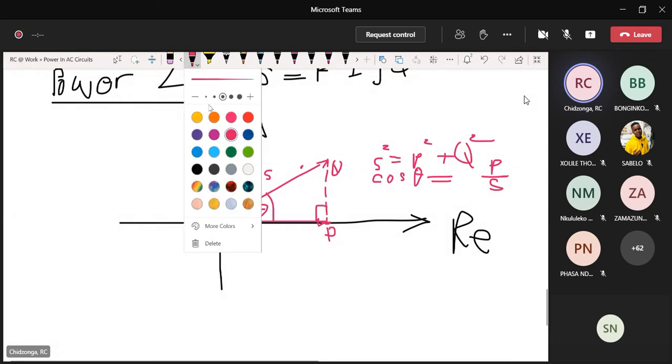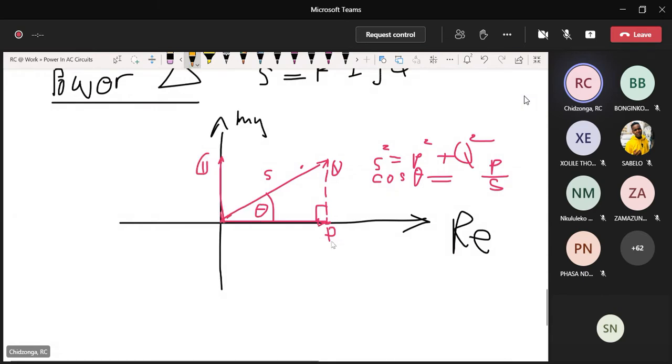If the load is capacitive, then your Q would be down here, minus Q. And then your S will be like this. This will still be a right angle. So this is S, and this will also be your theta, right? So in this case, you'll have S is equal to P minus jQ.